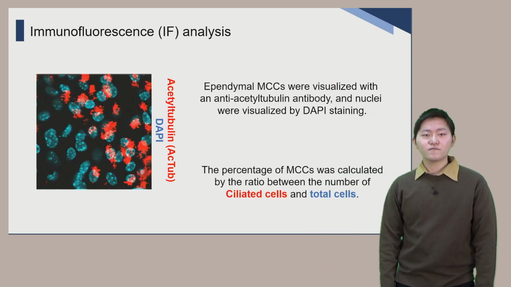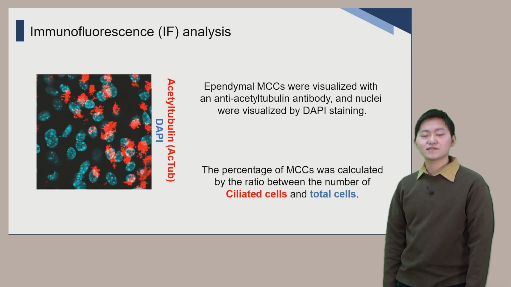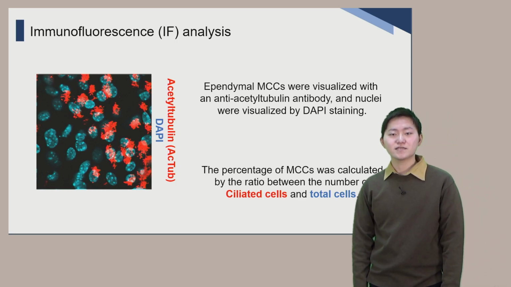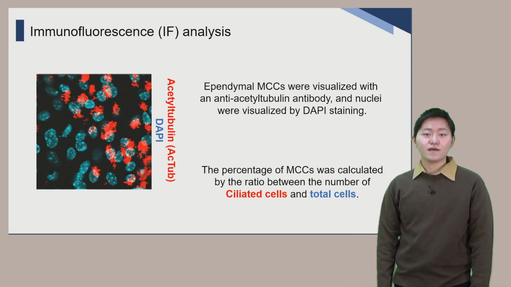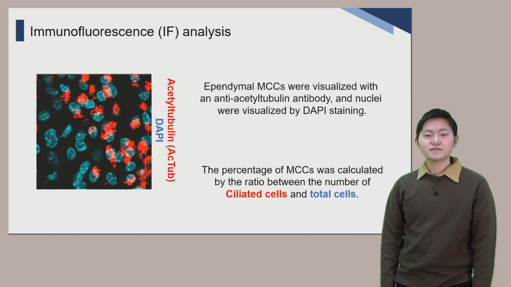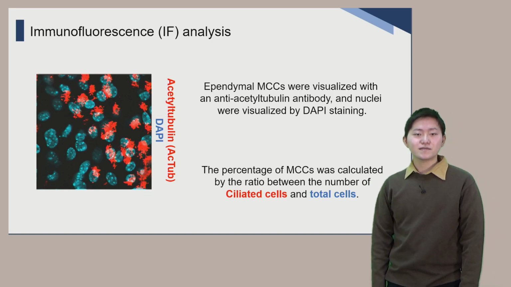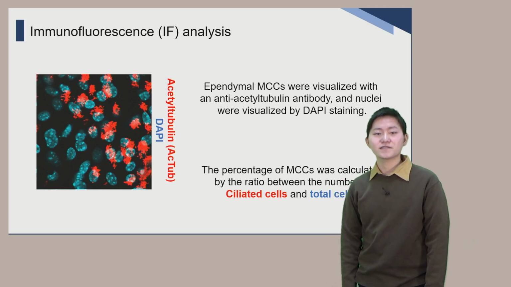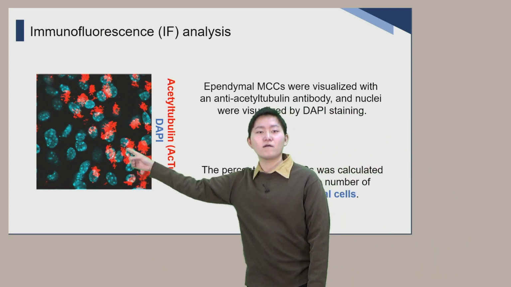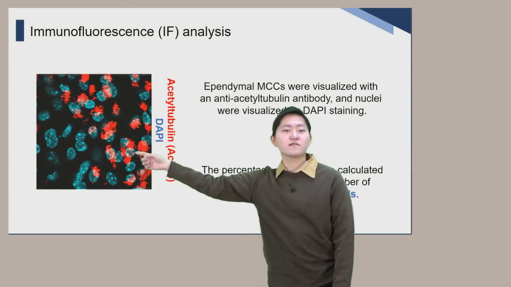Ependymal MCCs were visualized with anti-acetylated tubulin antibody, which is a marker of cilia, and nuclei were visualized by DAPI staining. The percentage of MCCs was calculated by the ratio between the number of ciliated cells and the total cells.